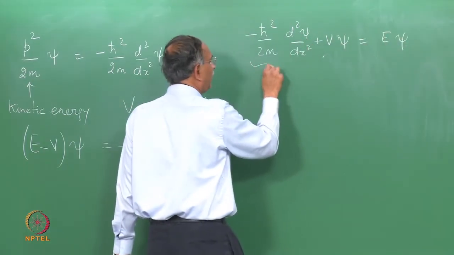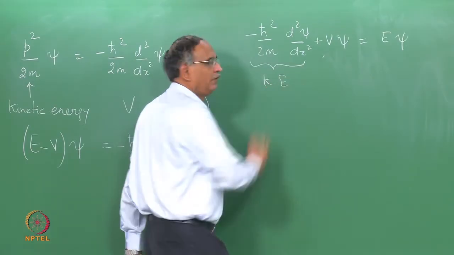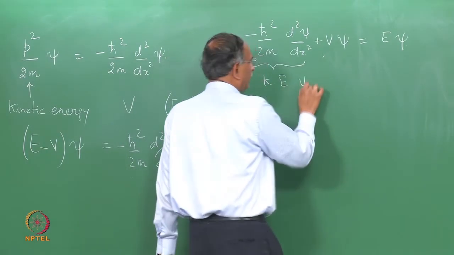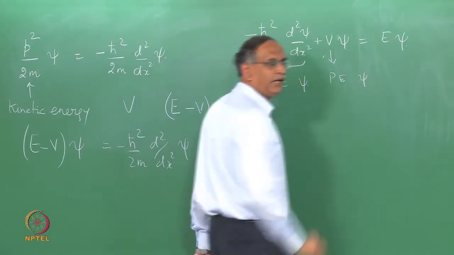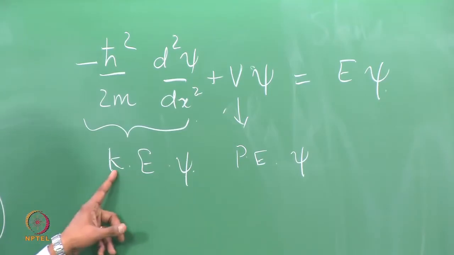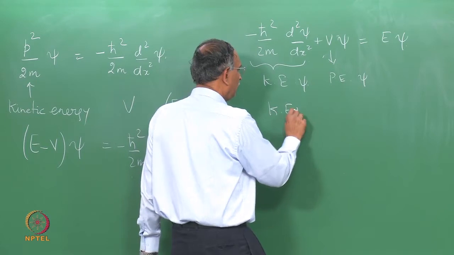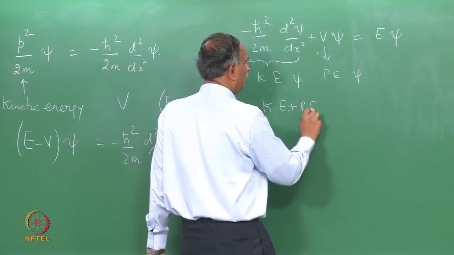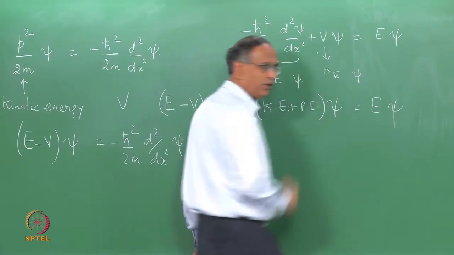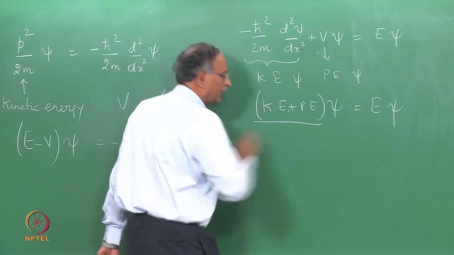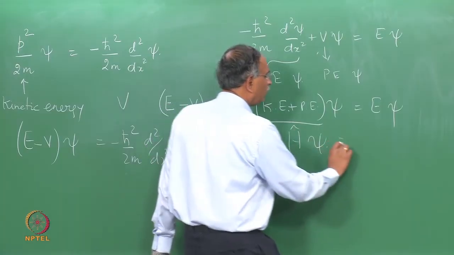Please remember, we had already written this as the kinetic energy on psi, and this is the potential energy on psi, and therefore you see that this is nothing but kinetic energy plus potential energy on psi, giving you a constant times psi, E psi. And so you see that this is nothing but the Hamiltonian on psi giving you E psi.